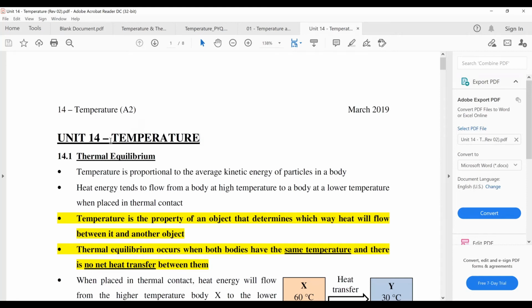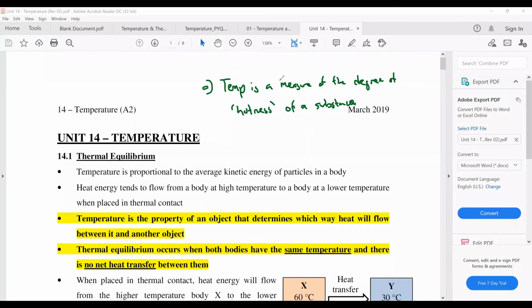Okay, now under the unit of temperature, you're really just learning about what is temperature in general. When you're talking about temperature, the assumption that you may have had was that temperature is a measure of the degree of hotness of a substance, how hot it is or how cold it is.